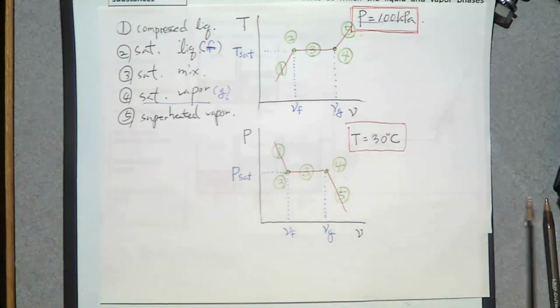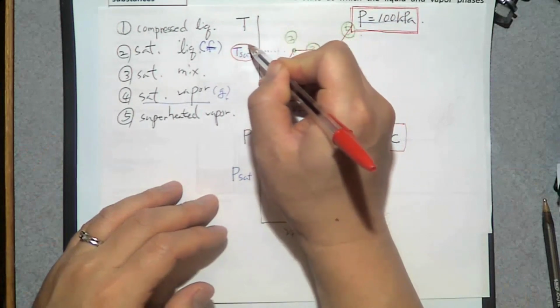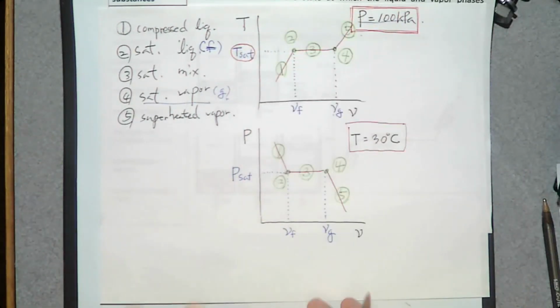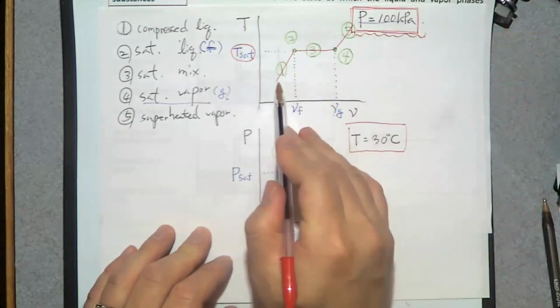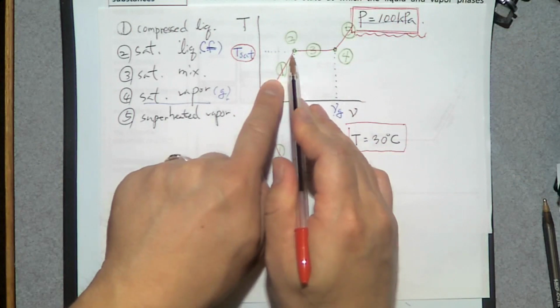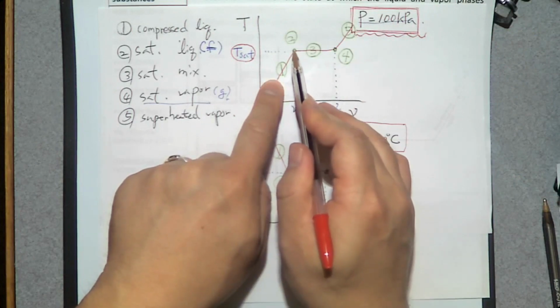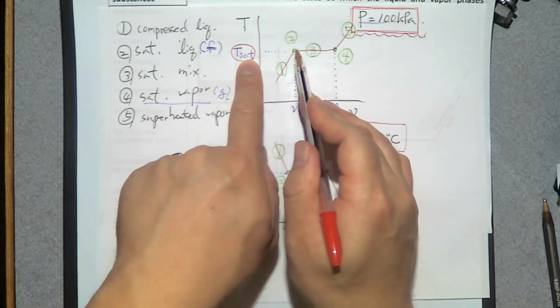Then, what is this T sat? T sat is the saturation temperature, which is the boiling temperature of your system. So, at this pressure, if you increase the temperature of compressed liquid, then the temperature reaches the saturation temperature, which is the boiling temperature.